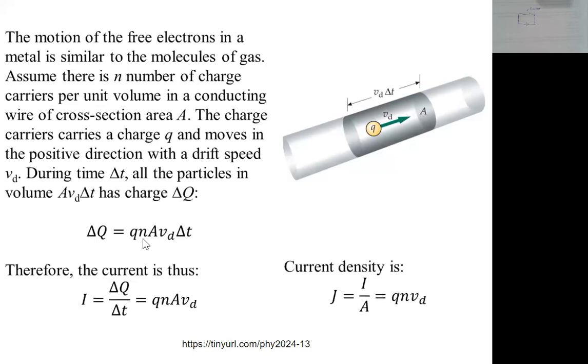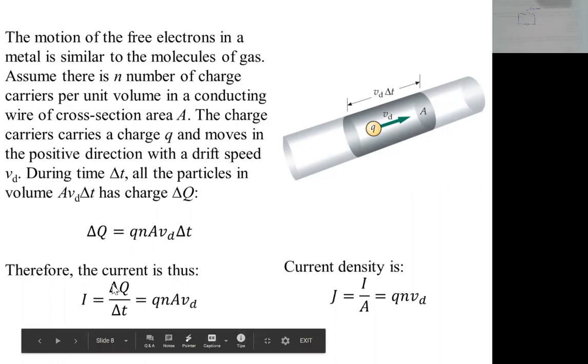Number density times volume gives the total number of charges. So n times A Vd delta T is the total number of charges, times the charge of each charge, which gives you the charge flowing through in the given time period. According to the current definition, total charge over delta T, you get rid of T.